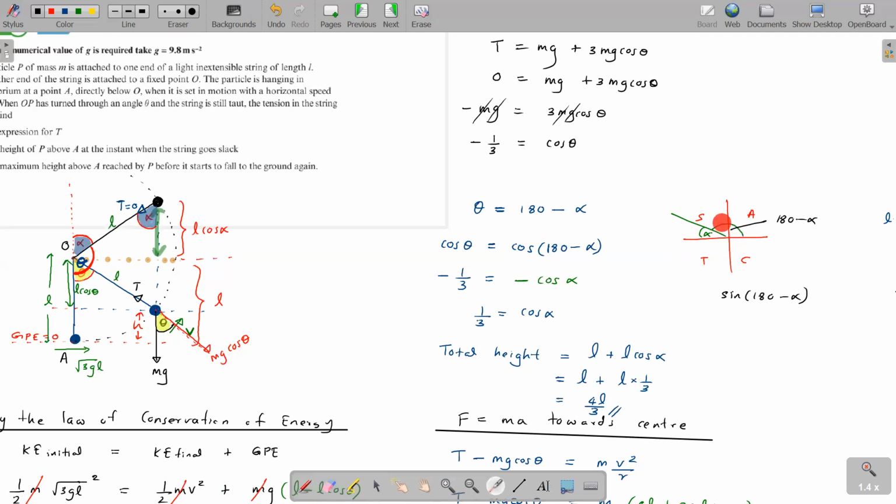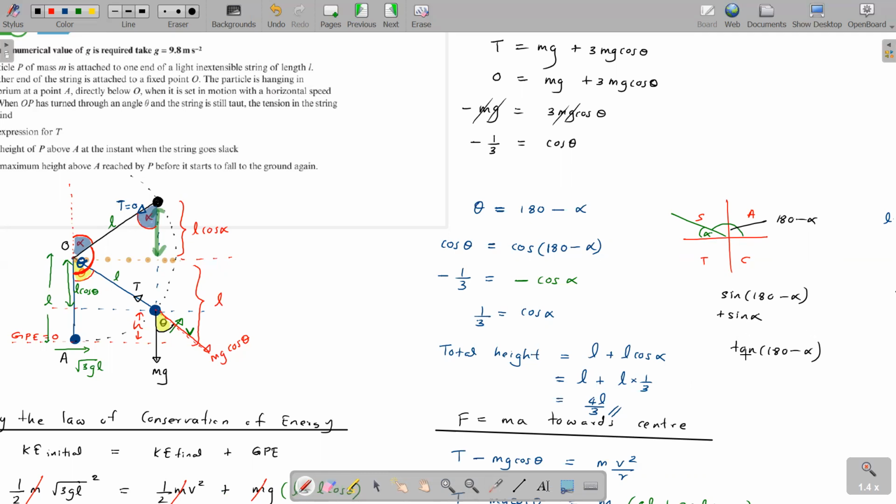180 minus alpha is in the second quadrant. So in the second quadrant, sine is positive and you get the sine of the acute angle. That's how it's done. If you take tan 180 minus alpha, now this is something that's outside of what we are supposed to do, okay? Tan 180 minus alpha is in the second quadrant.